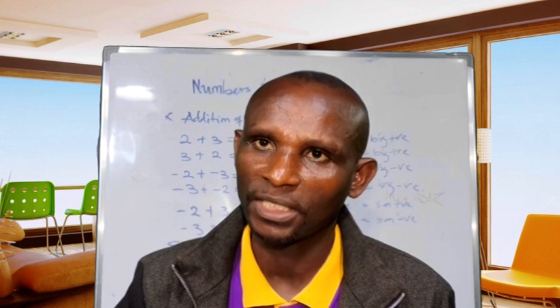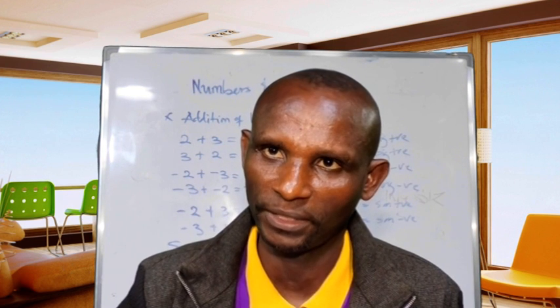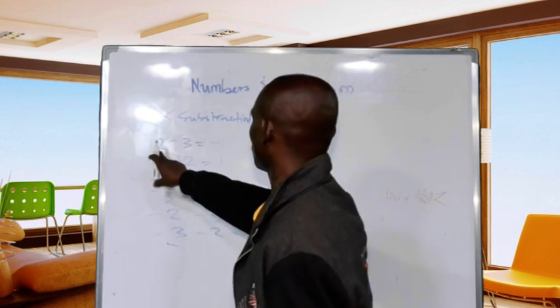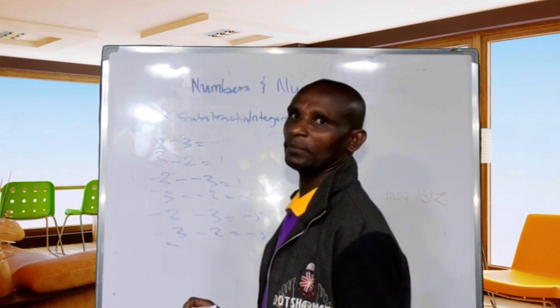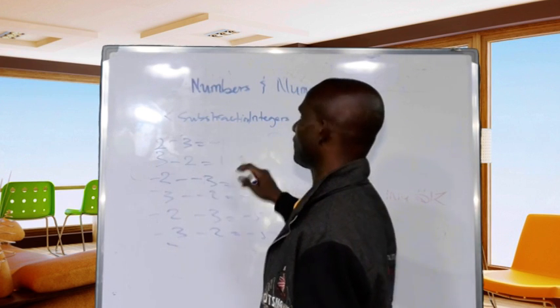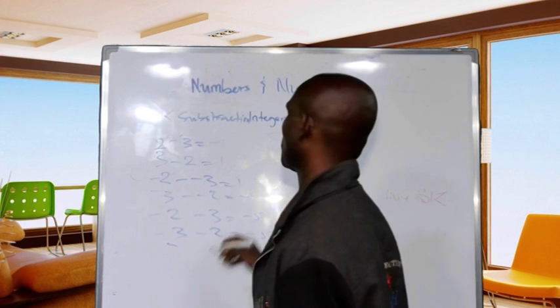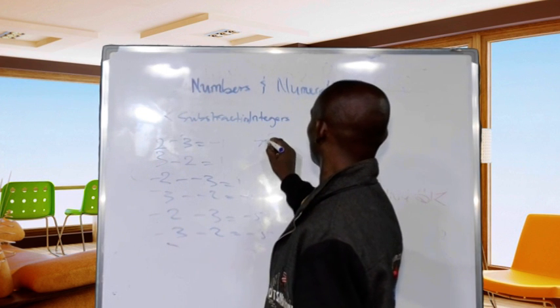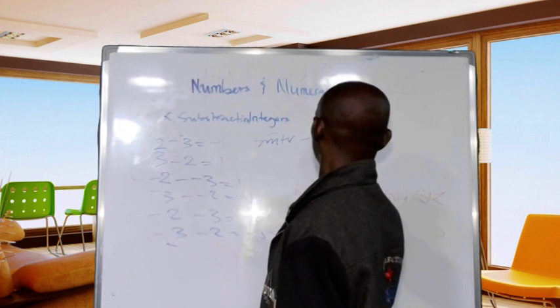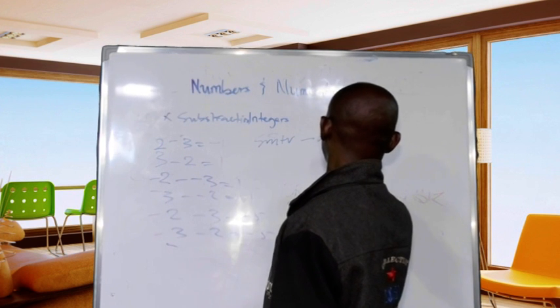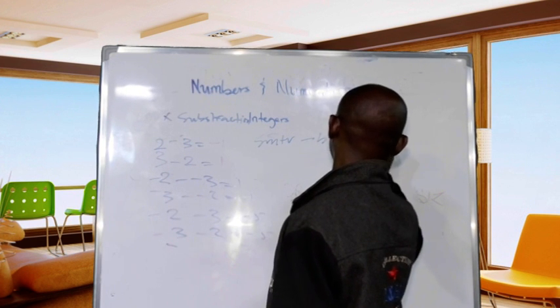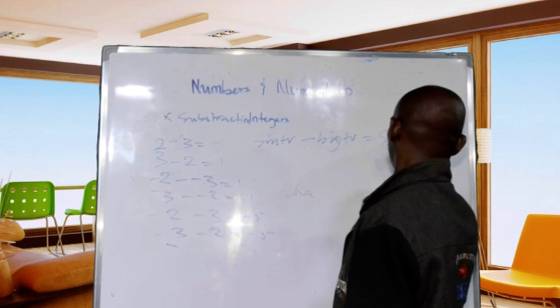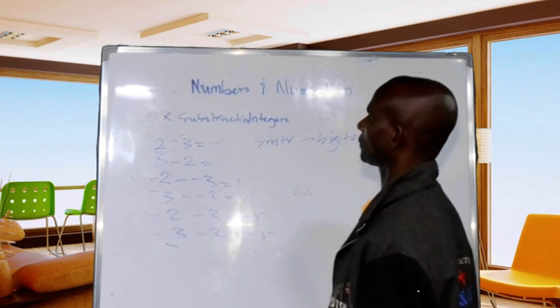Let's see the summary of subtraction of integers. When we subtract a big positive number from a small positive number, we are having a small negative number. So we have here small positive minus big positive is equal to small negative.